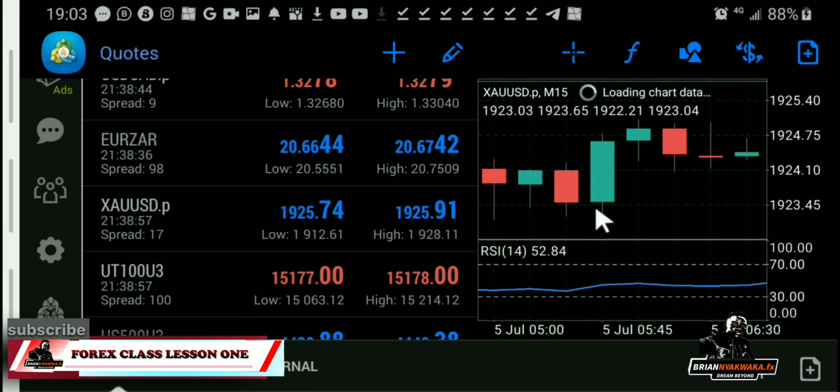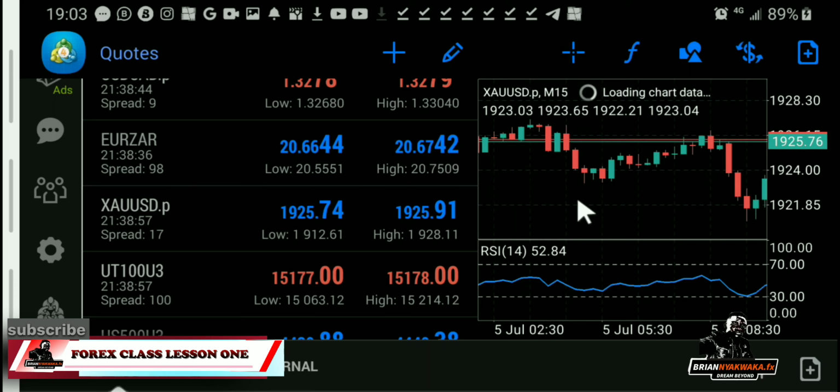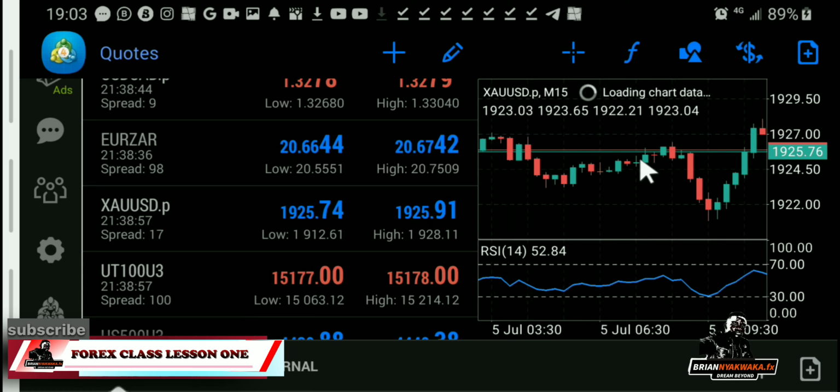You can as well say that buyers are dominating the market because the price is moving upwards, and afterwards you can see there's that upward movement up to that point.